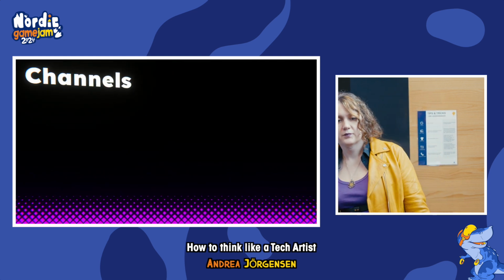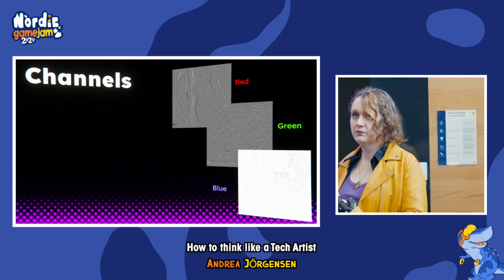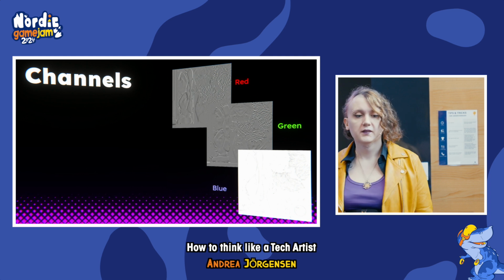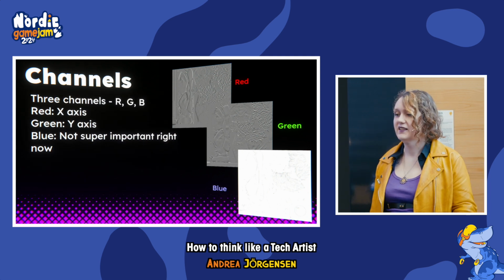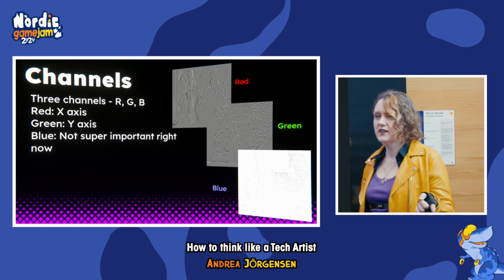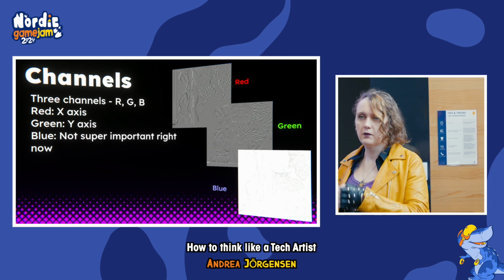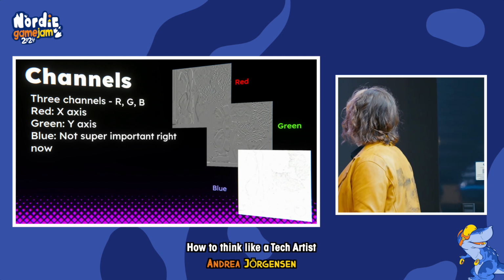So, every normal map has data in 3 channels: red, green, and blue. Red has data for rotating the normal in the x-axis, that's left and right. Green has data for rotating the normal in the y-axis, up and down. And then blue is a little more complicated.